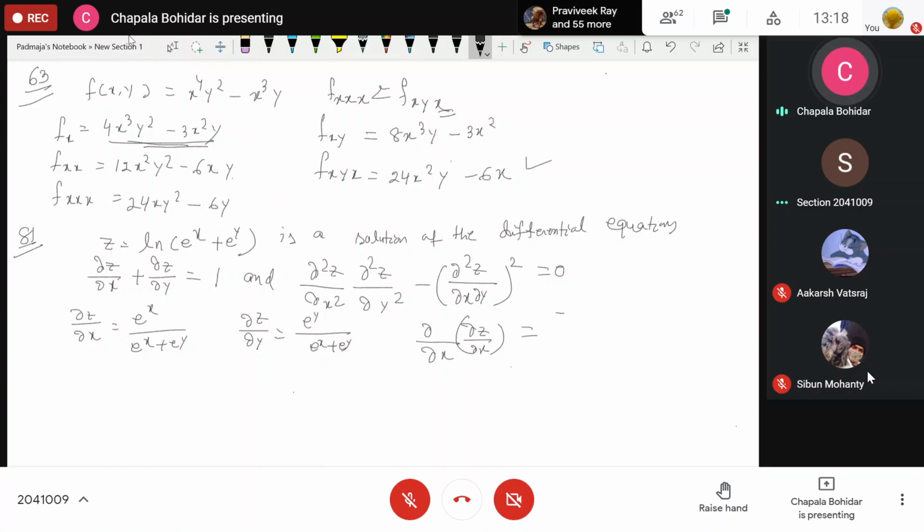E to the power x times (e to the power x plus e to the power y) minus e to the power x times the derivative of e to the power x, which is e to the power x, so e to the power 2x, divided by (e to the power x plus e to the power y) whole square.